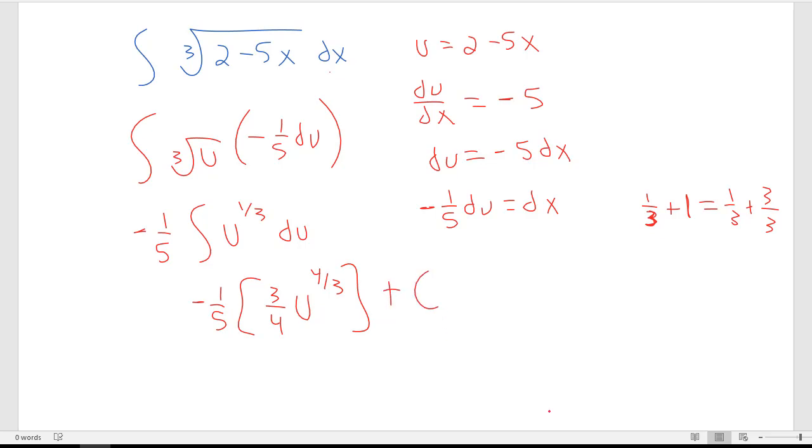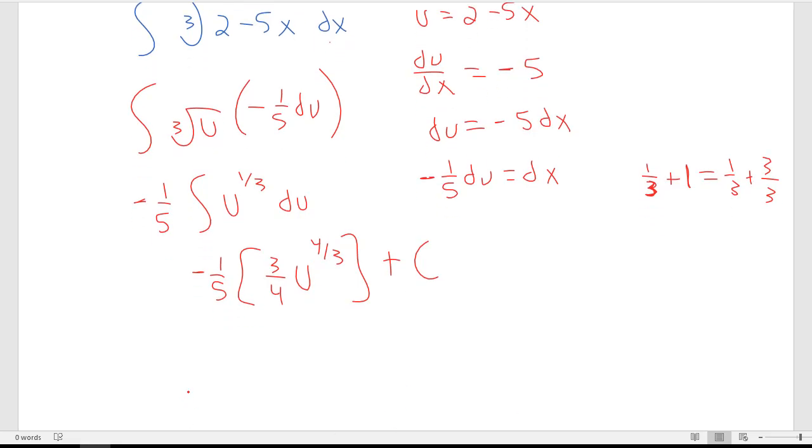Did I do that on the prior problem? Uh-oh. I can't remember if I tacked on the plus c there. So then this final answer, I'm going to substitute in for the u, and our u was 2 minus 5x. Right? So my final answer here, I'm running out of room.